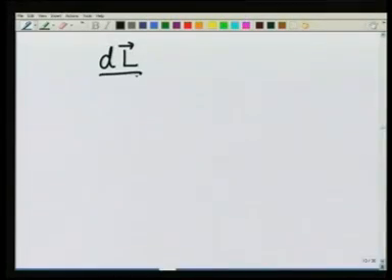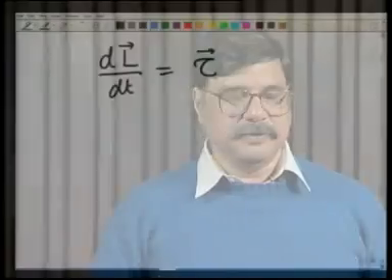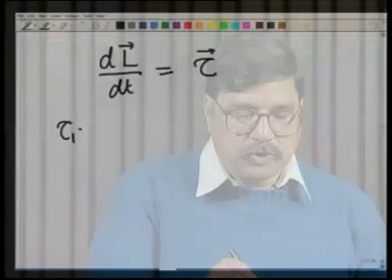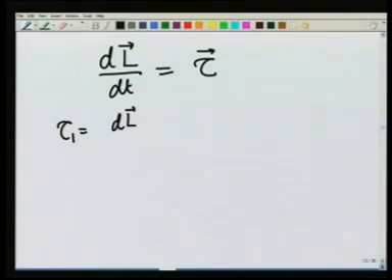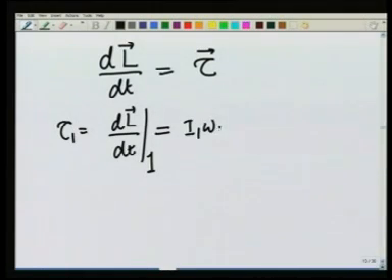These equations are nothing but writing dL/dt equal to tau by taking components along the principal axes of the body. So, tau 1 should be dL/dt along principal axis 1, and that comes out to be I1 omega 1 dot plus omega 2 omega 3 (I3 minus I2).